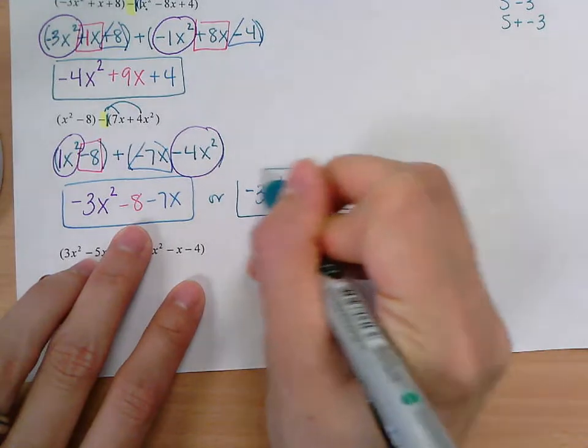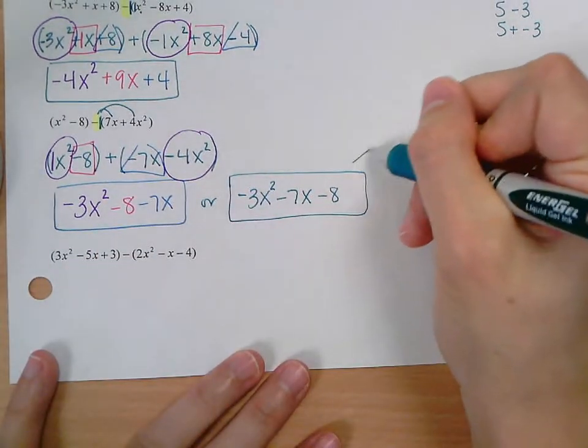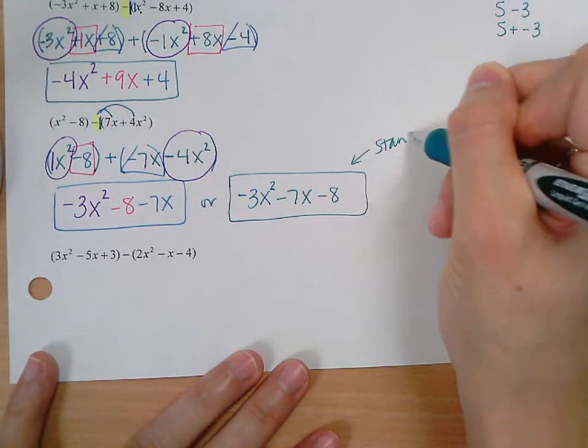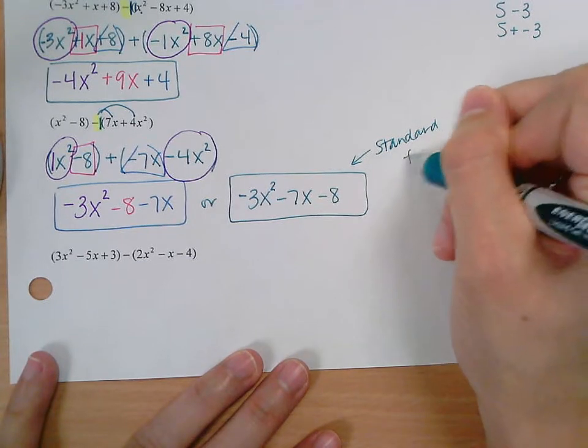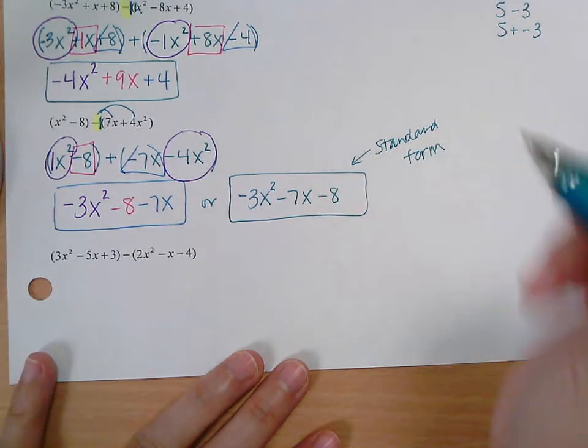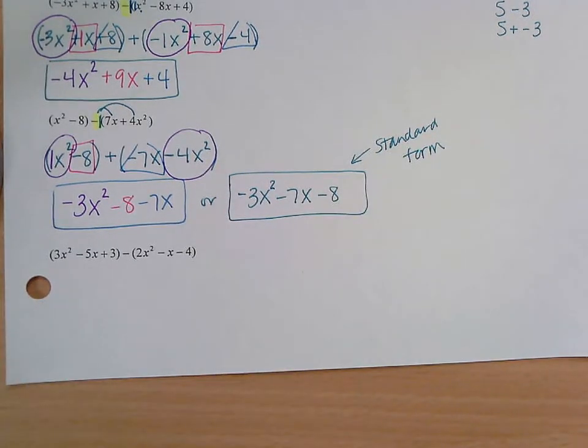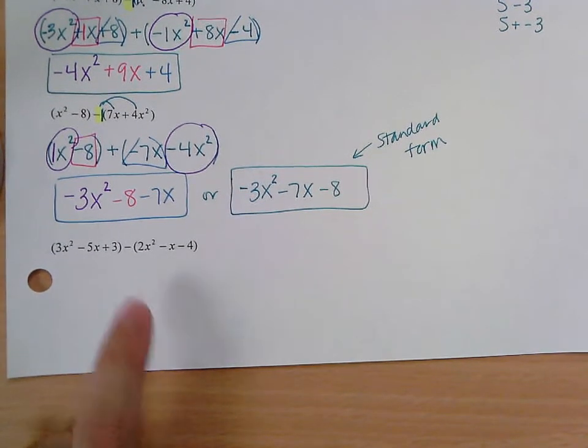So either form is fine, but this one is standard form. Sometimes you don't have like terms, and that just means the terms stay separate. Okay, I'd like you to do this last example, the bottom example on there.